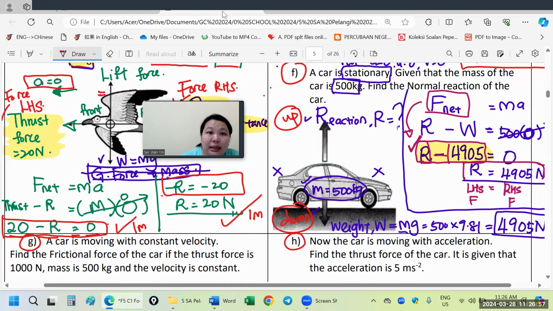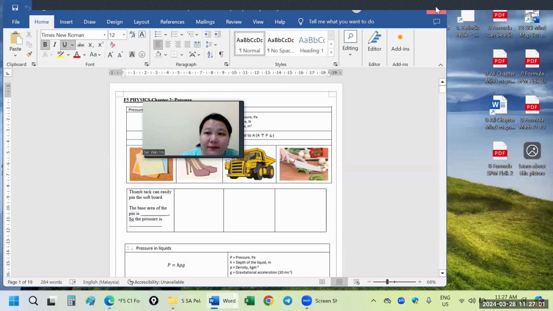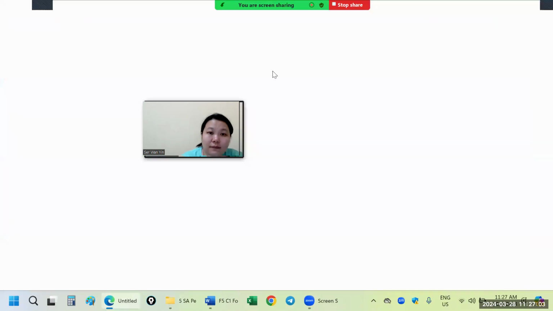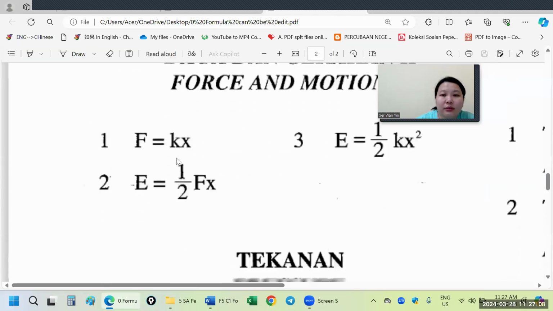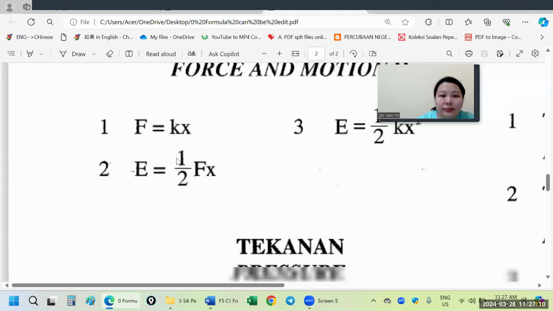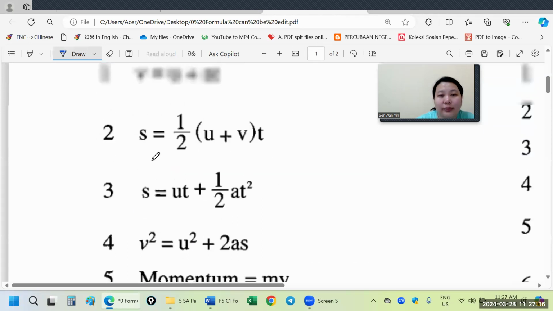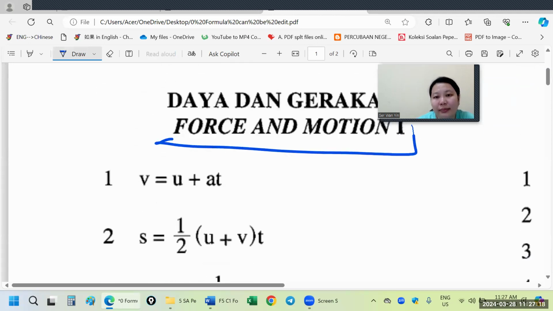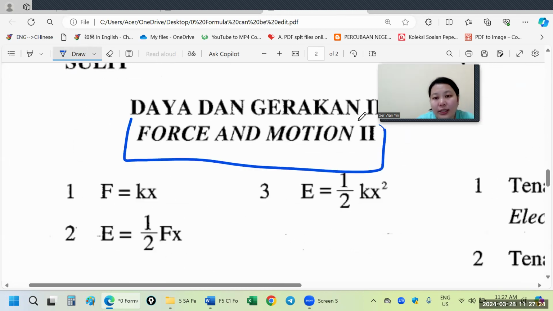So actually your formula gives you this. Where is it? It's in Form 4. In Form 4 Chapter 2 we learn Force and Motion 1. In Form 5 Chapter 1 we learn Force and Motion 2.